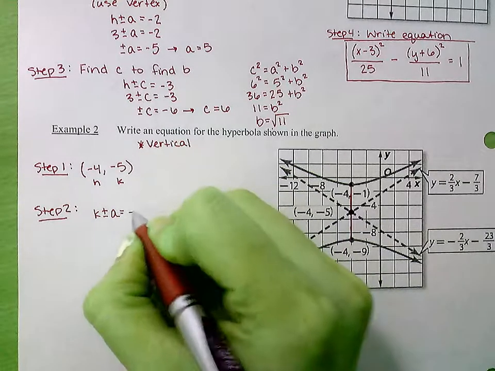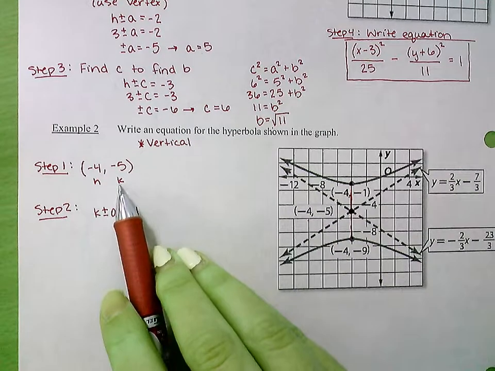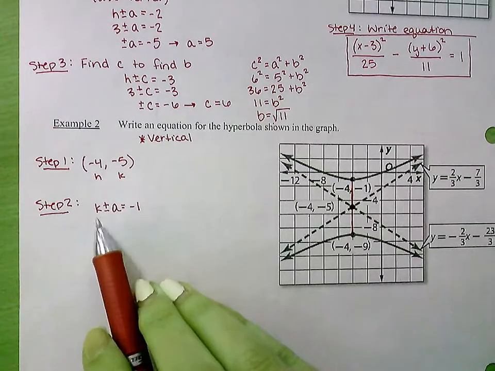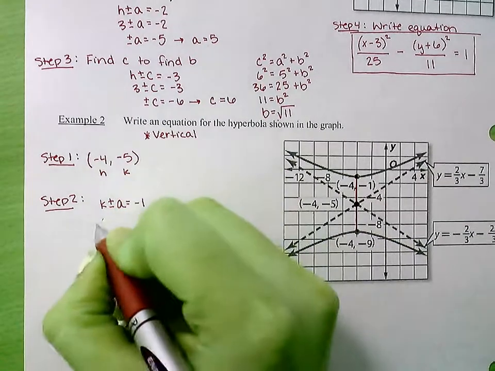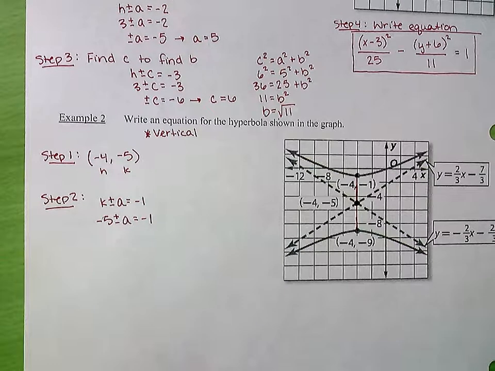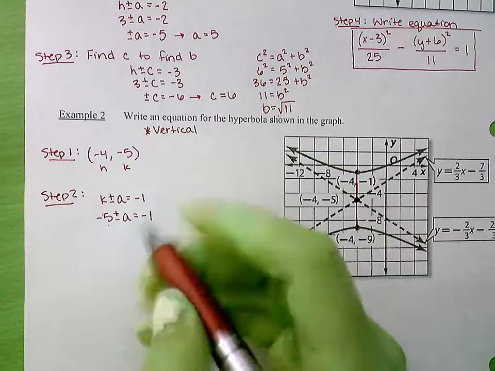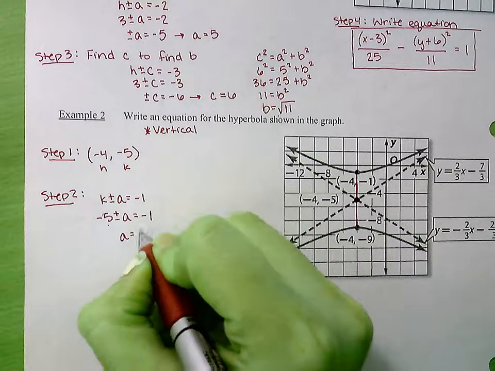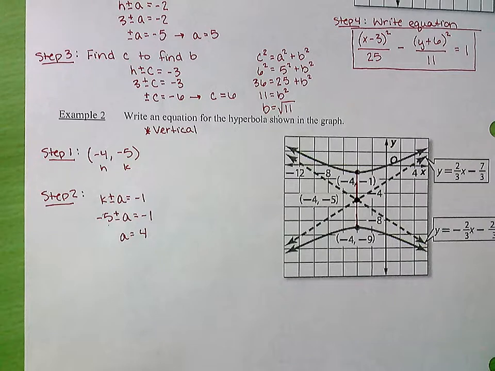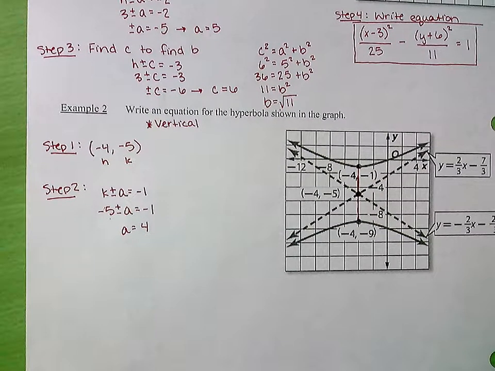So that'll be equal to -1, sorry. And then I can plug in k here. So we have -5 plus or minus a equals -1. Add 5 to both sides, and a will be equal to 4.